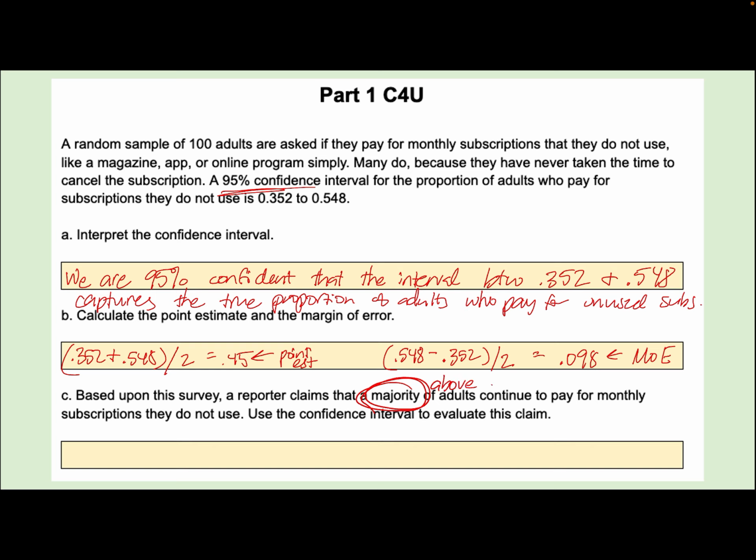Because our confidence interval contains values that are both above 0.5 and below 0.5, we can't say for sure that a majority of adults pay for subscriptions they don't use. That means it's possible that it's less than half. It's also possible that it's more than half.